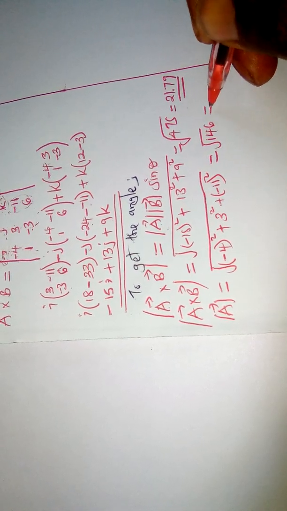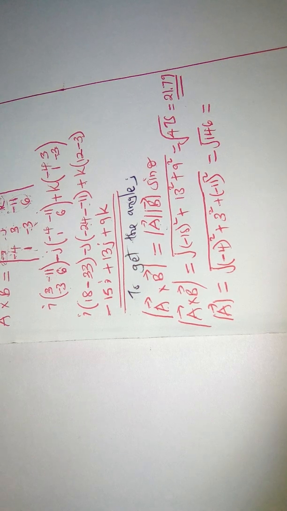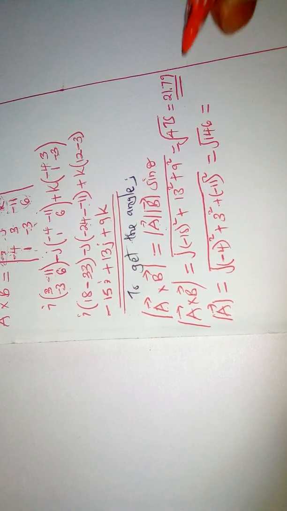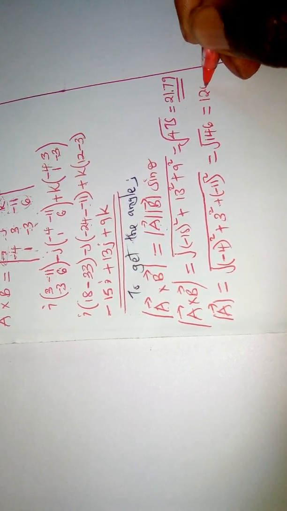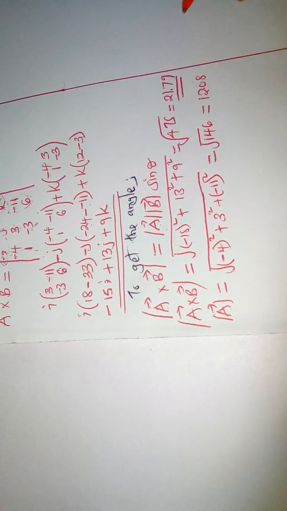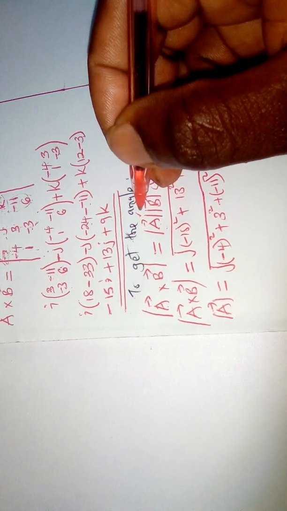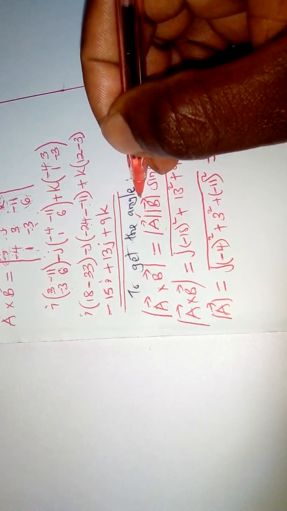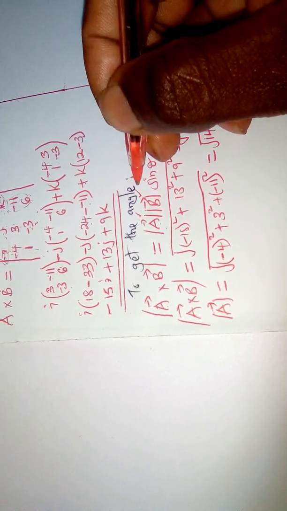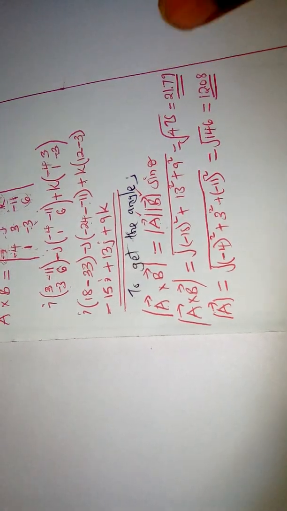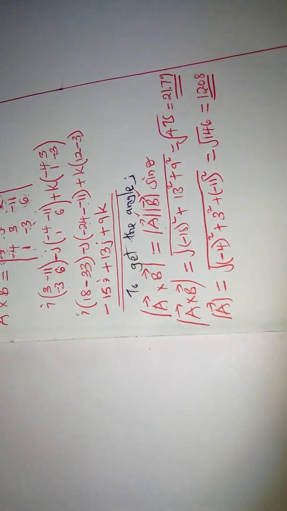When you get the square root of 146, you shall end up with 12.08. Now after obtaining this, you shall have gotten the magnitude of A. You are only remaining with getting the magnitude of B, because after that we shall just be substituting.